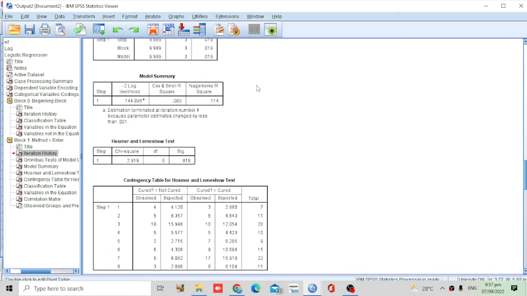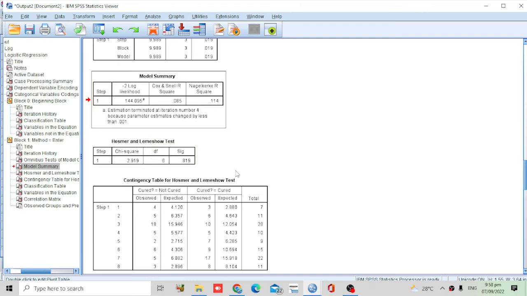For the Cox and Snell R square, 0.085 or 8.5%, which is less than our Nagelkerke R square, which is actually 11.4%. This means that 11.4% of the variations in y, or in our dependent variable, has been explained by our final model or by our independent variables.